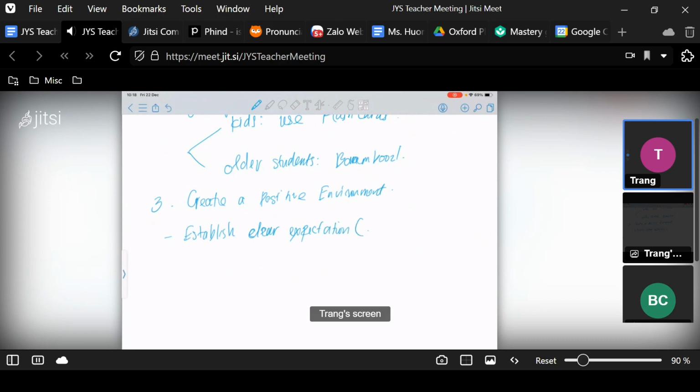That means for their behavior in the classroom, each student has different behavior, so we have to make rules to create a classroom norm.